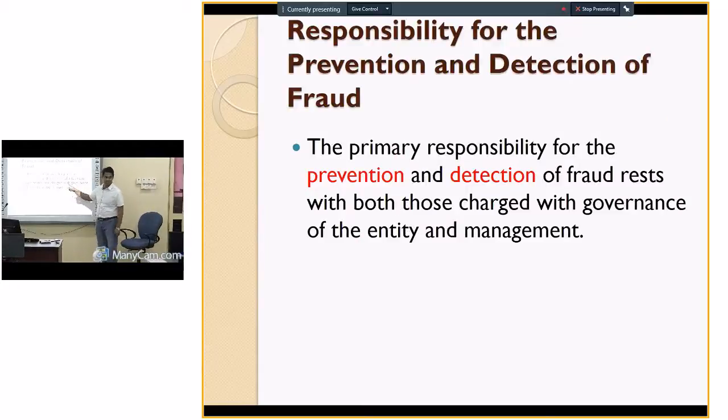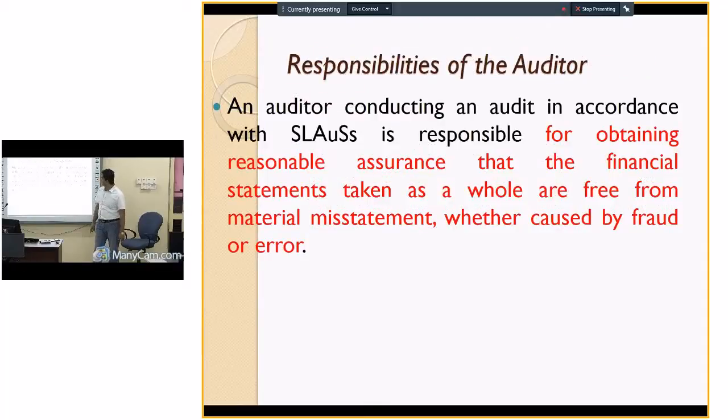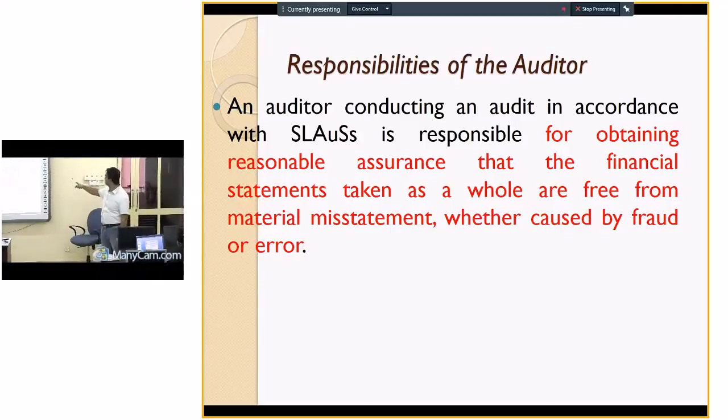As we discussed, the primary responsibility for prevention and detection of frauds is with those charged with governance or the management. The auditor is responsible to ensure that the financial statements taken as a whole are free from material misstatements, whether caused by fraud or error.